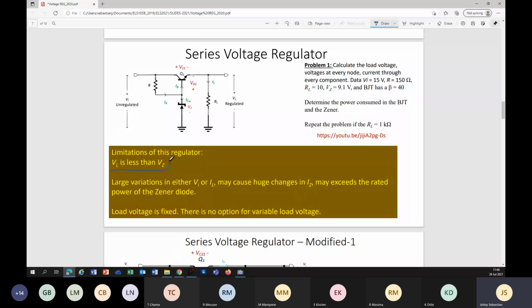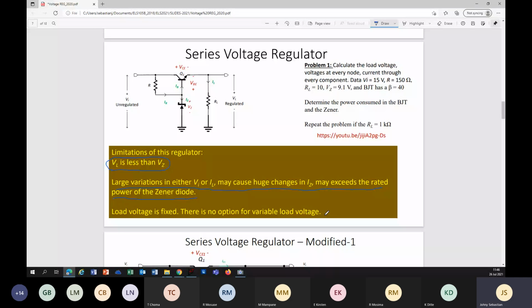Large variation either in VI or in IL may cause huge changes in the Zener diode current. It may exceed the rated power of the Zener. We have seen that just now in this problem. Load voltage is fixed. There is no option for a variable load voltage. Say you buy a power supply to run an MP3 player working at 3.3 volt.